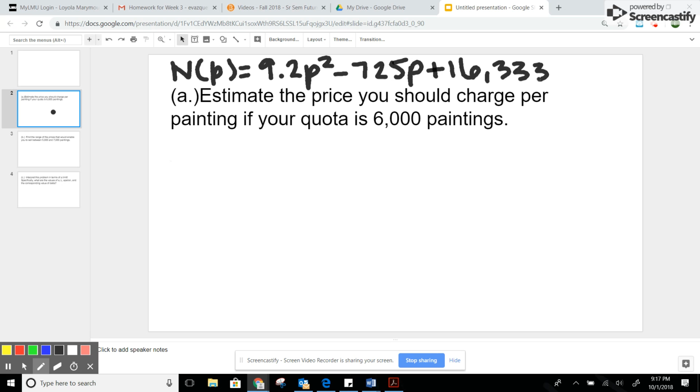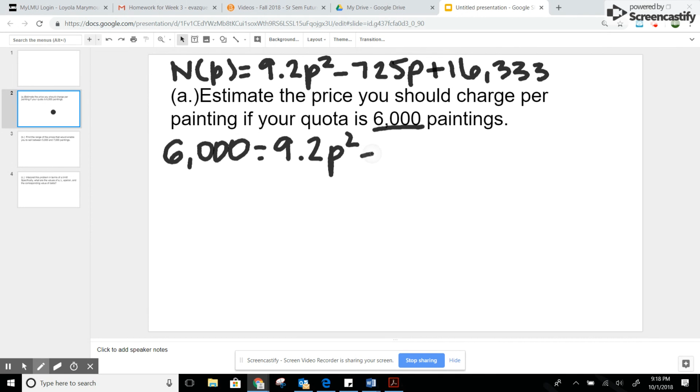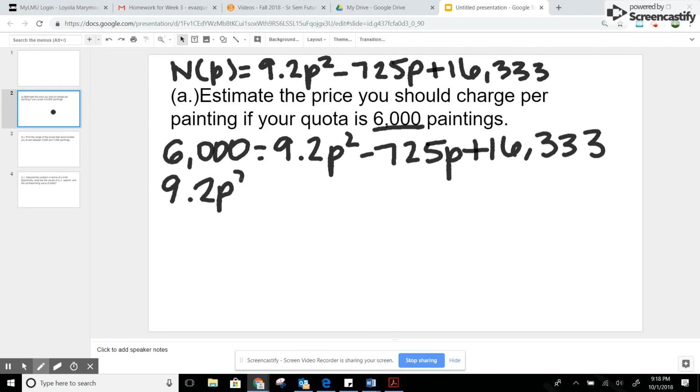So that means that this right here is going to be my N. I can solve this by replacing my N of P with 6,000, and then doing some basic algebra. I put this into the calculator and graphed it to see what the zeros were. So I subtracted the 6,000 on both sides, combining like terms, and I got this.